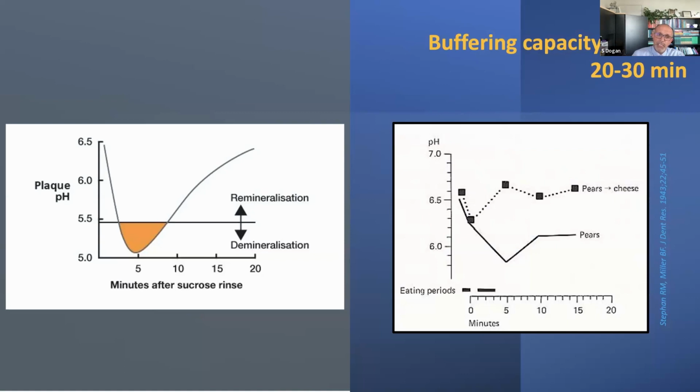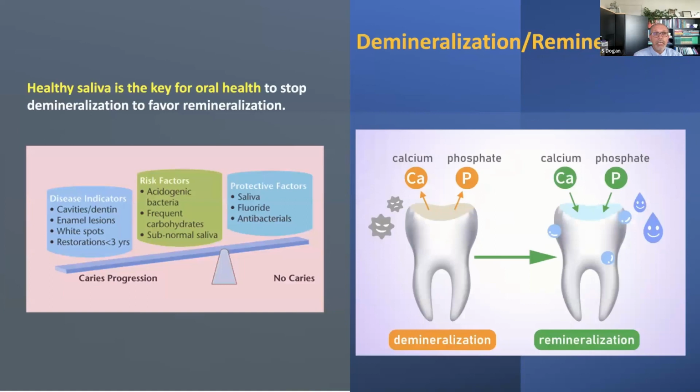But if the saliva is unhealthy, we stay in the acidic area, and then demineralization overcomes the remineralization. Then we start to see the first signs of dental caries and other ailments. Now, saliva can be a protective factor or can be a risk factor.